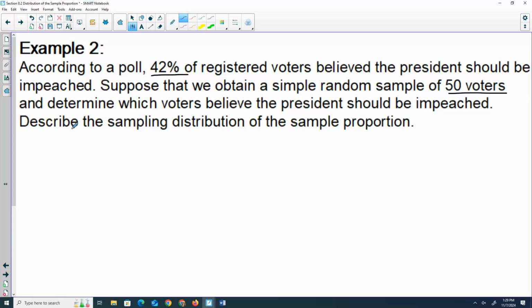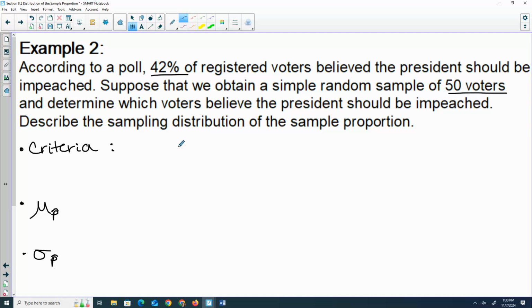When I ask you to describe it, I'm asking for the criteria, the mean, and the standard deviation. I think we did one yesterday that asked to describe the sampling distribution of the sample mean. So anytime I ask you to describe it, just check your criteria, find your mean and your standard deviation.